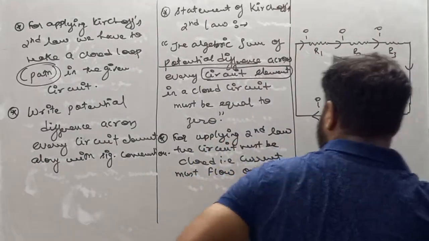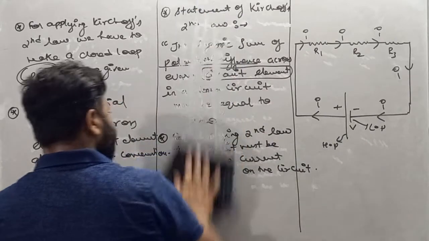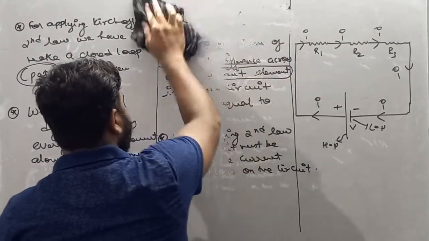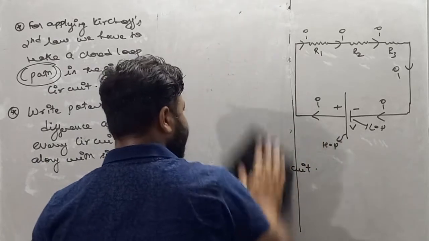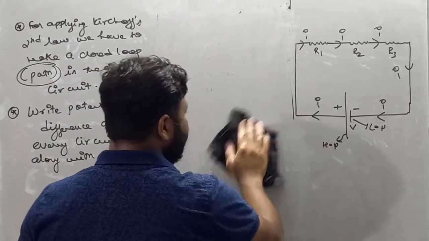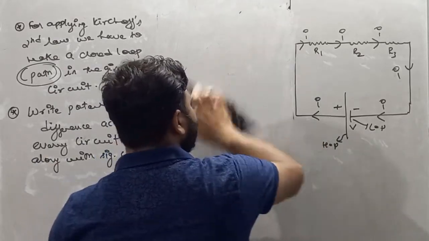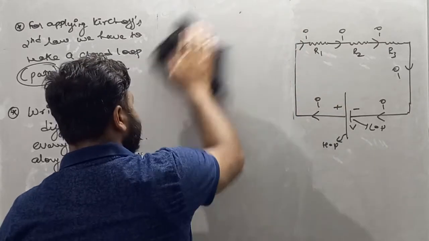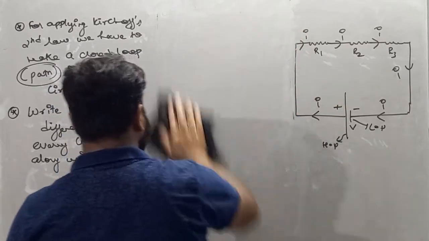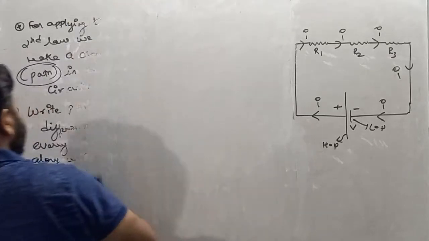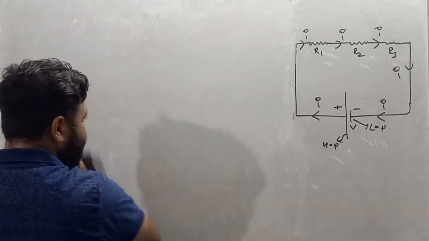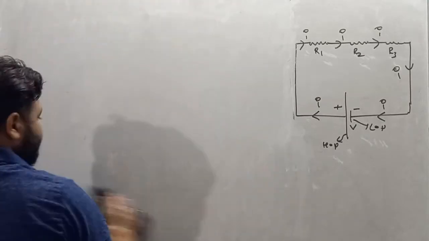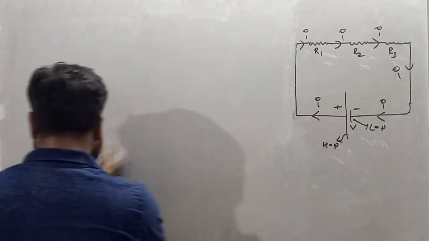Now I am applying Kirchhoff's second law. Check how to apply it with the sign convention. First, see whether the circuit is closed or open. The circuit is closed because current is flowing in it. There are 3 resistors, R1, R2 and R3, and a battery of potential V volt.